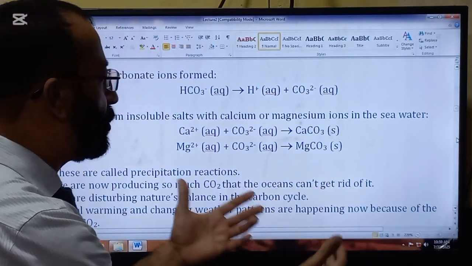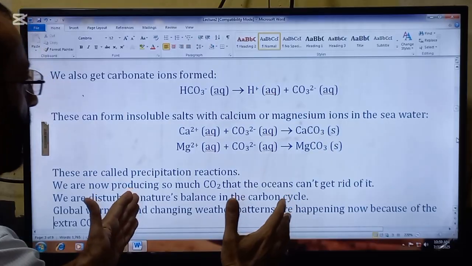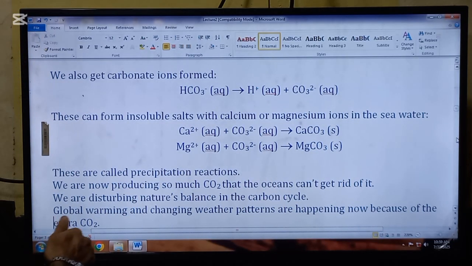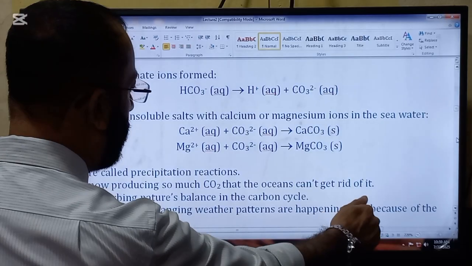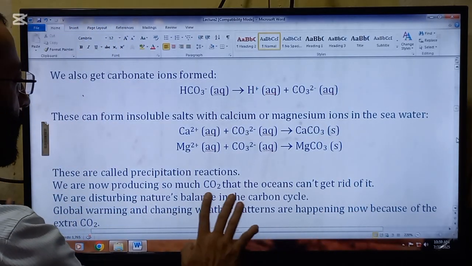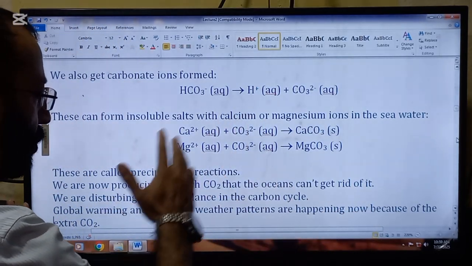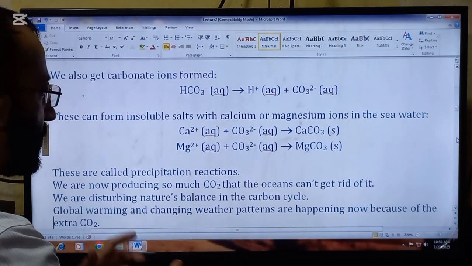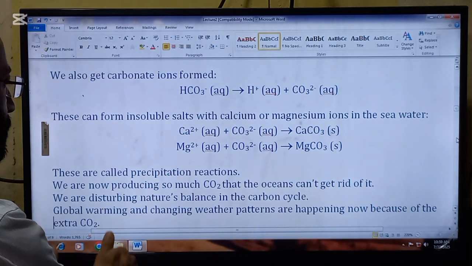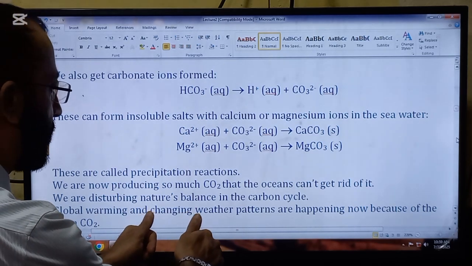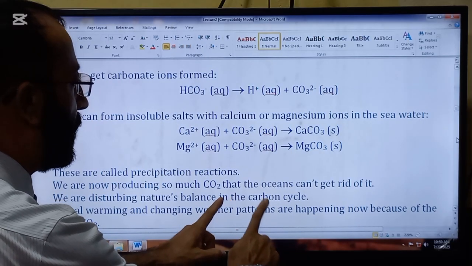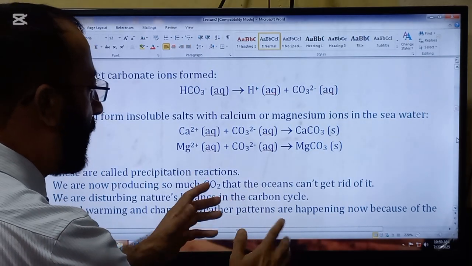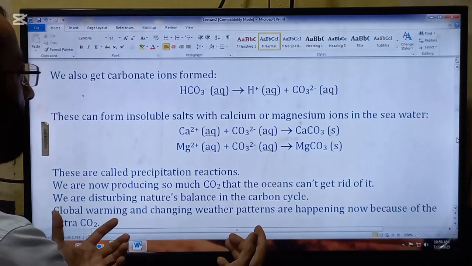That's why the proportion of the salts is maintained in the seawater. We are now producing so much carbon dioxide that the oceans cannot get rid of it. So this is the reason global warming is getting more and more severe: because of human activity, more carbon dioxide is being produced, and the oceans are not able to absorb all the carbon dioxide.